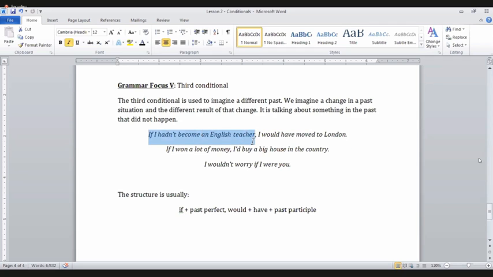Look at the whole sentence and tell me: am I an English teacher now or not? An English teacher. This says that if I hadn't become an English teacher, I could have gone to London. So am I an English teacher or not? English teacher. So I am an English teacher, but if I was not a teacher, I would have gone to London.